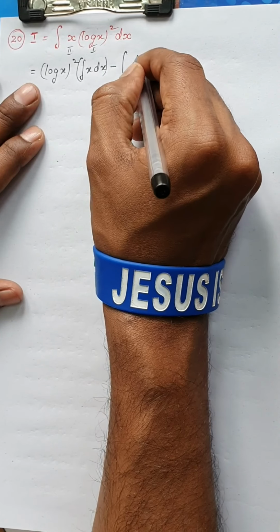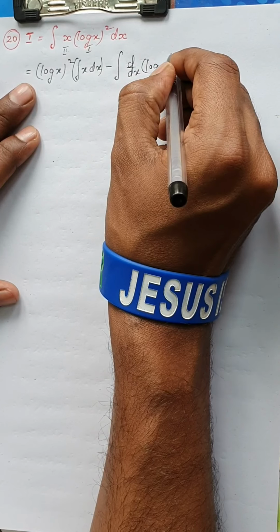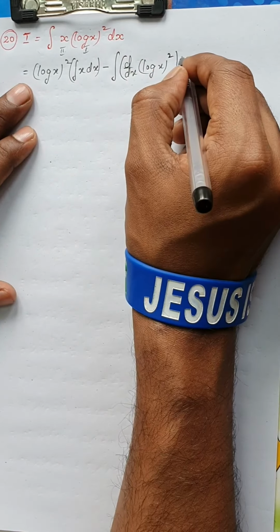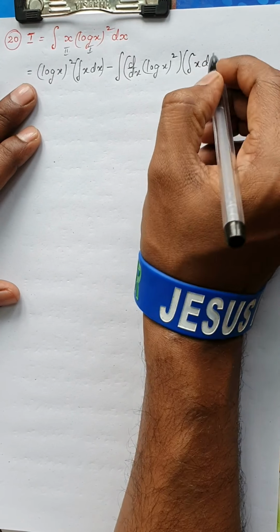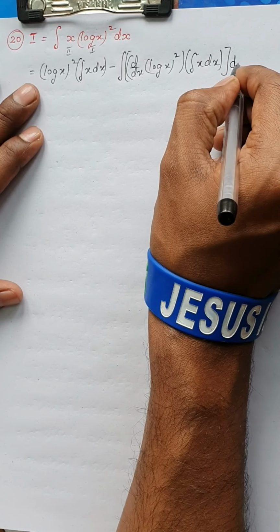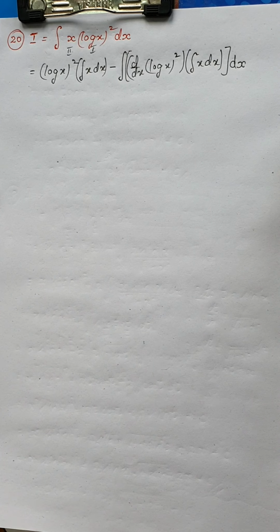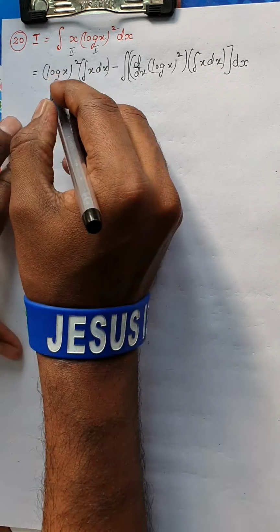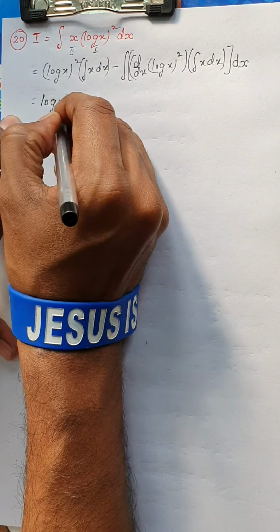the integral of the derivative of log x whole square. Remember, because I had taken log x as it is. So the derivative of log x whole square into the integral of x dx. The product of this is integrated with respect to x. Please be careful with the steps. So log x whole square is kept as it is.